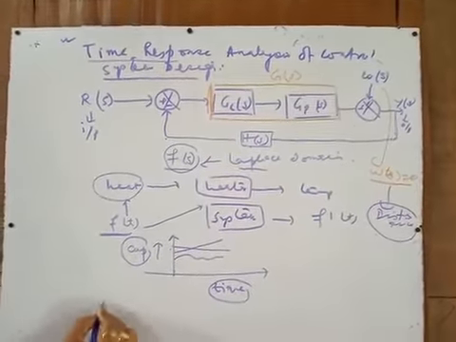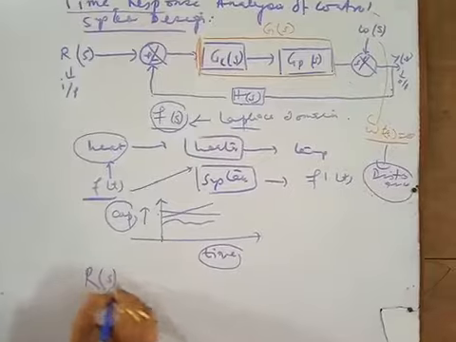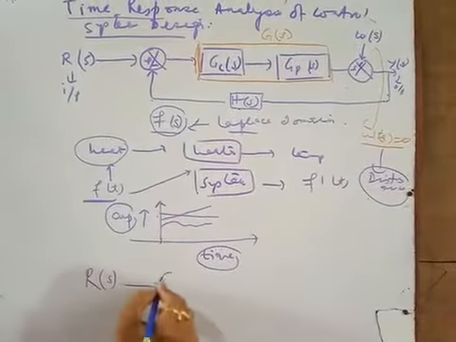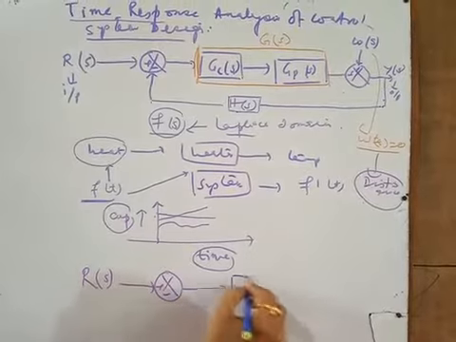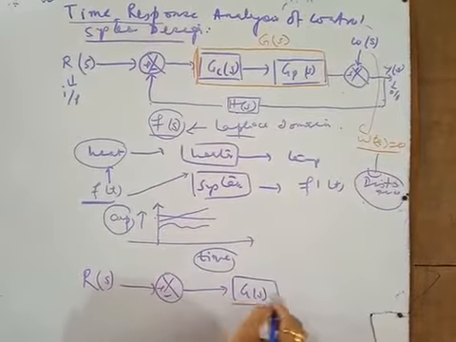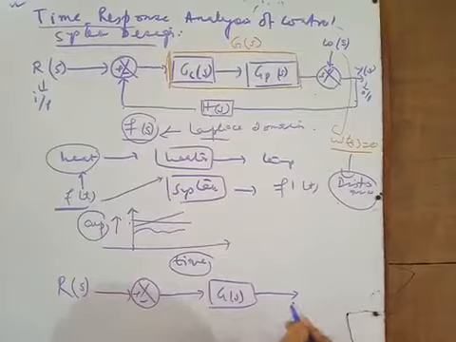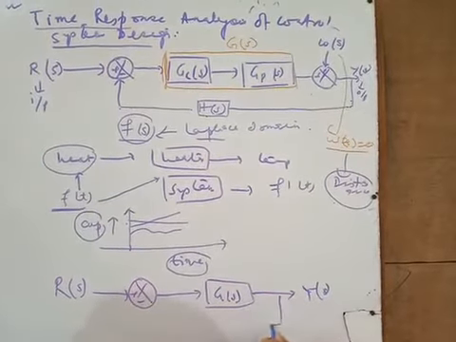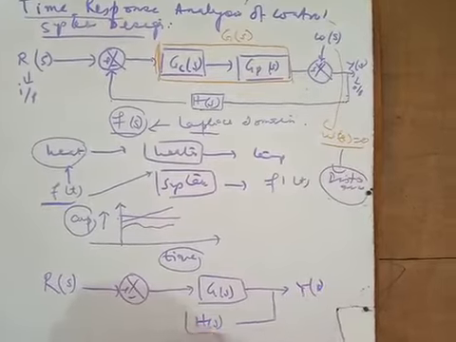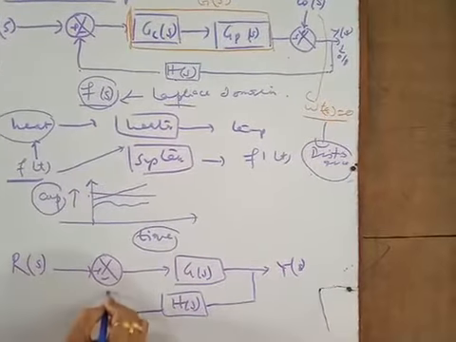So how does the overall system look? This is your input in the Laplace domain, this is your error block, and this is your G(s), that is known as the forward block transfer function, as you know from the previous classes. And this is your H(s), that is the feedback path transfer function.